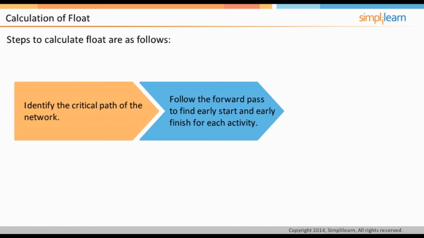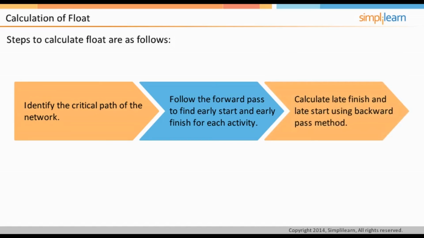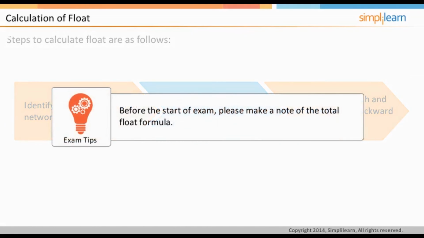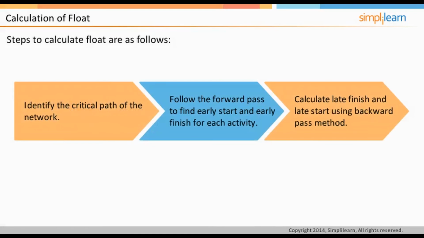Use forward pass or backward pass to calculate the total activity time. Calculate late finish and late start using the backward pass method. Note the total float formula before you start for the exam. In the next screen, let us look at forward pass and backward pass methods in detail.